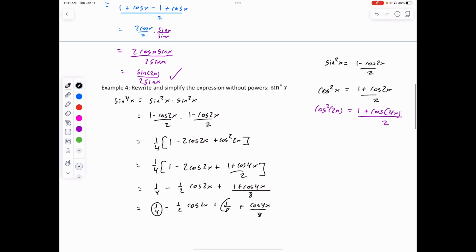And a fourth plus an eighth together is 3/8 minus 1/2 cosine of 2x plus cosine of 4x over 8, or times 1/8, however you want to write it. That will conclude this video, and I'll see you in the next one.